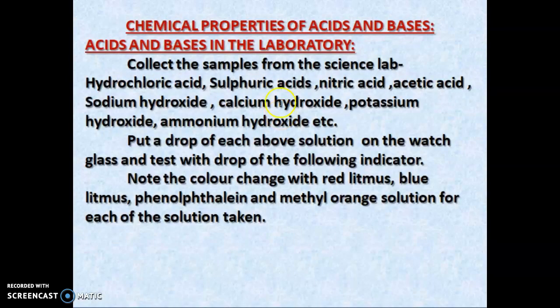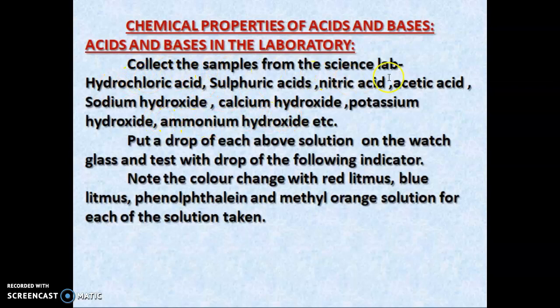Next, we will see the chemical properties of acids and bases. In this one, we first see the acids and bases in the laboratory. Collect samples from the science laboratory: hydrochloric acid, sulfuric acid, nitric acid, acetic acid, sodium hydroxide, calcium hydroxide, potassium hydroxide, ammonium hydroxide.